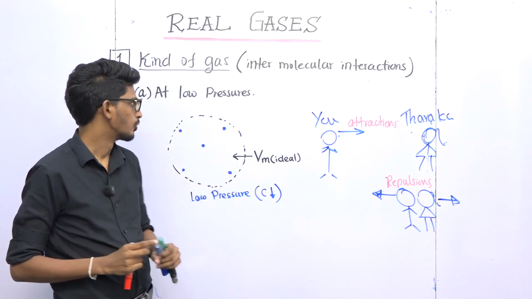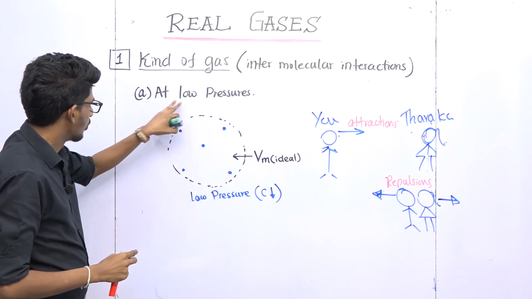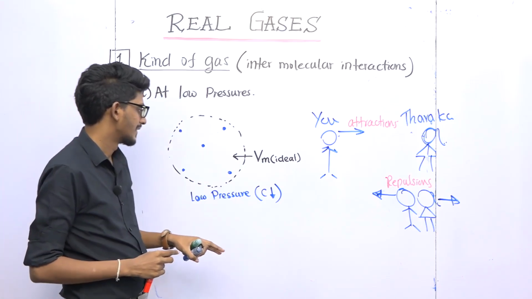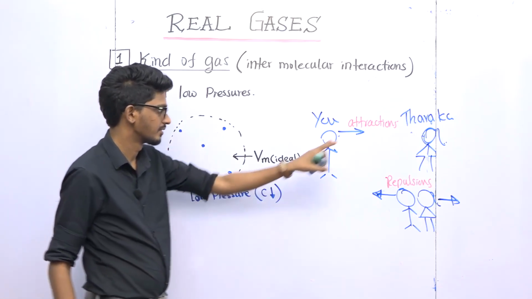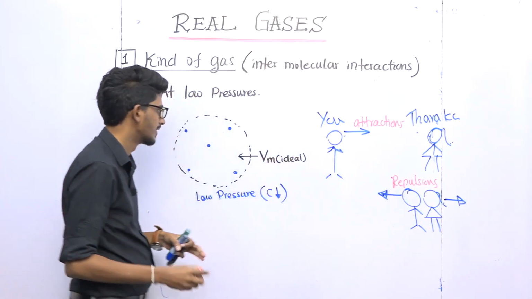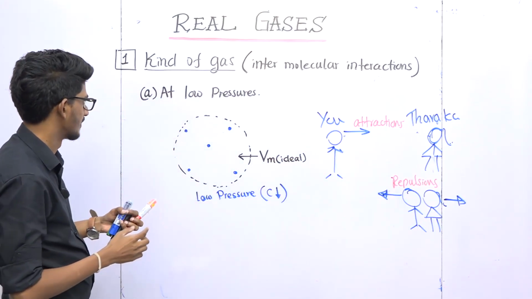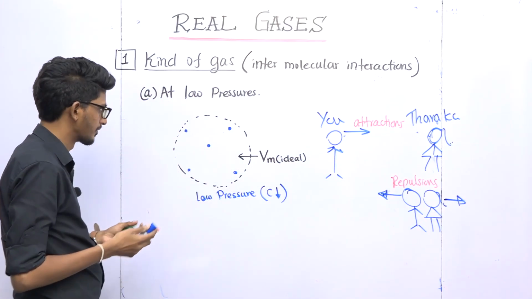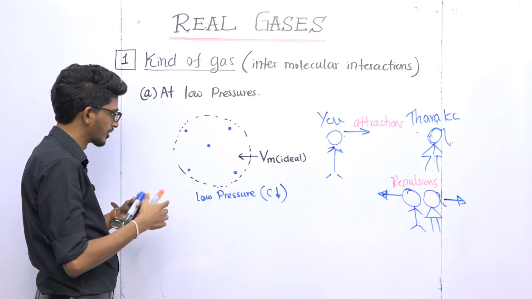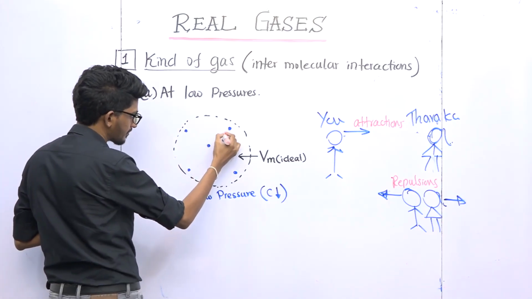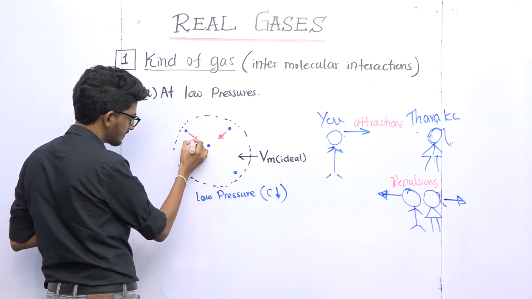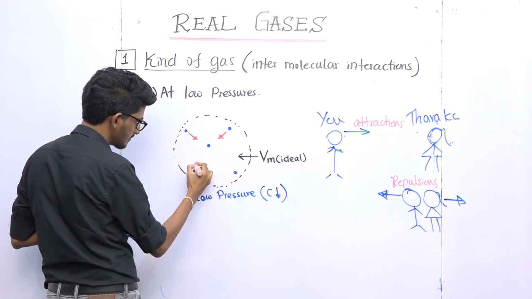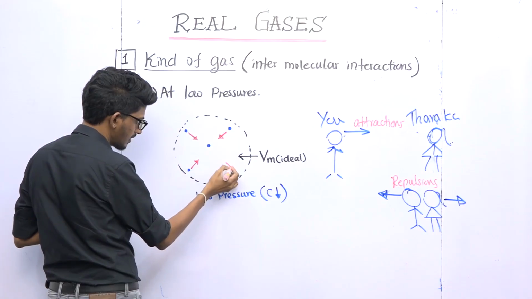Right. So at low pressures, that means the concentration is low. That means particles are a bit away from each other like this. So the attractions will be more pronounced.